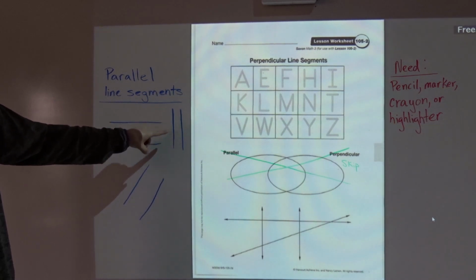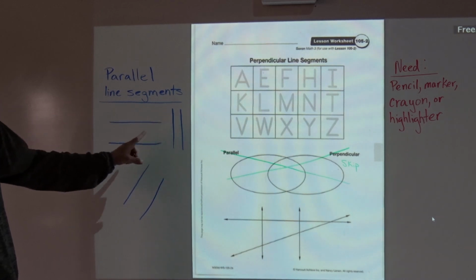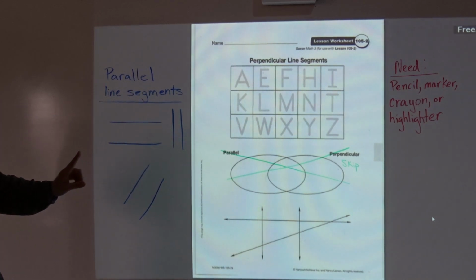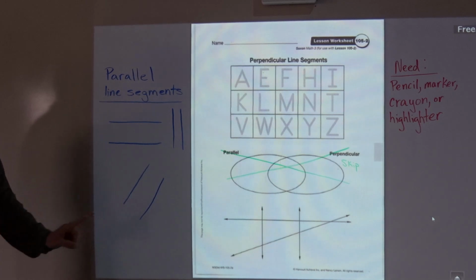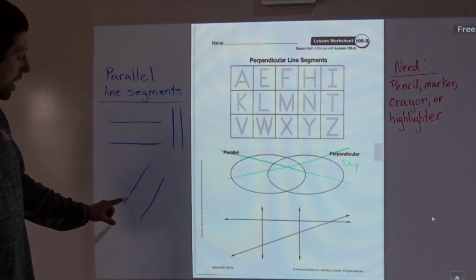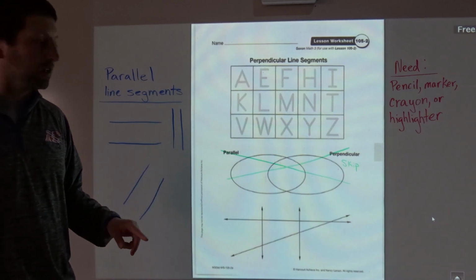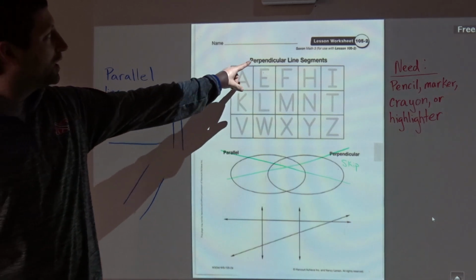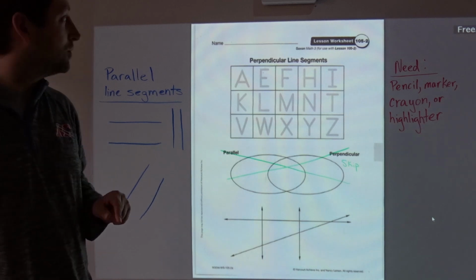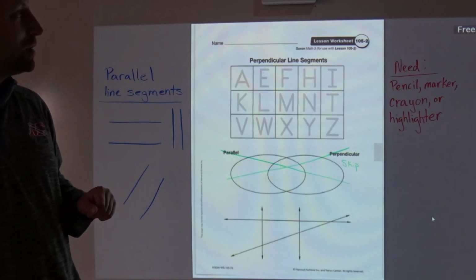They're both the same distance apart, going in the same direction and aren't going to touch. And down here I have oblique line segments that are also parallel because they're traveling in the same direction and aren't going to touch.